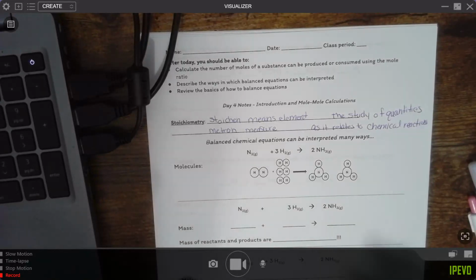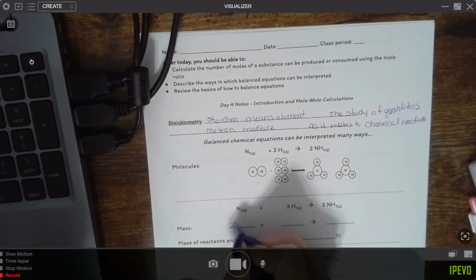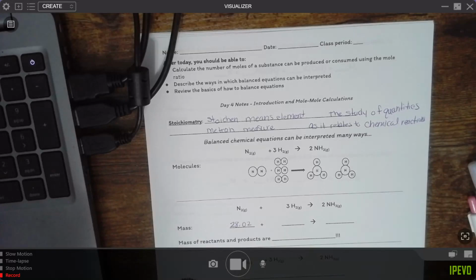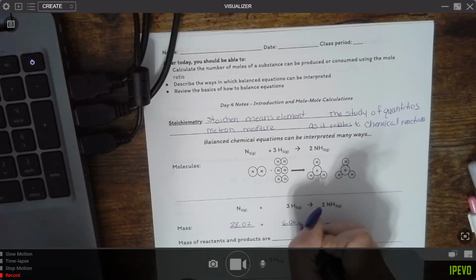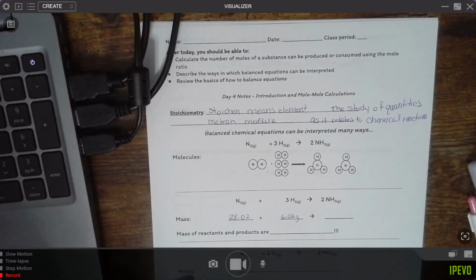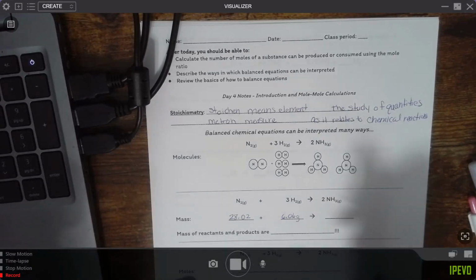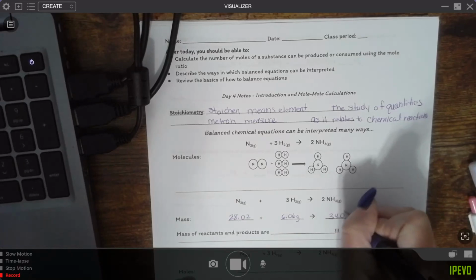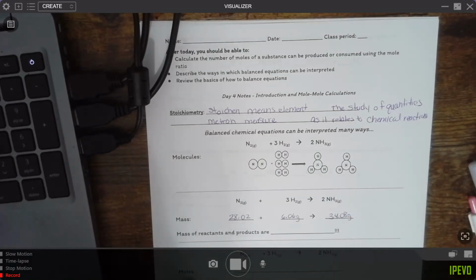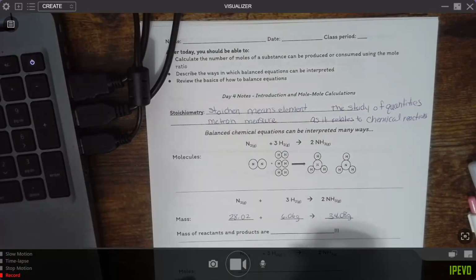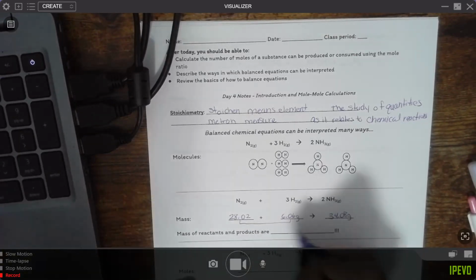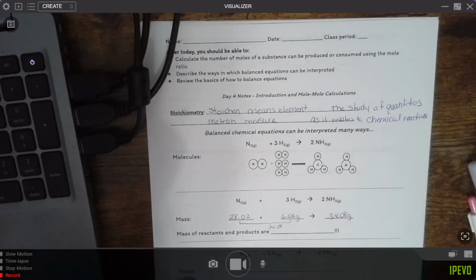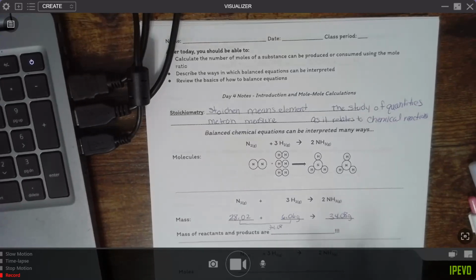So for example, if I have 28.02 grams of nitrogen and 6.06 grams of hydrogen, I would then produce 34.08 grams of my product. If you add these two numbers together, you get 34.08. So basically that's saying what you put in is what you get out.